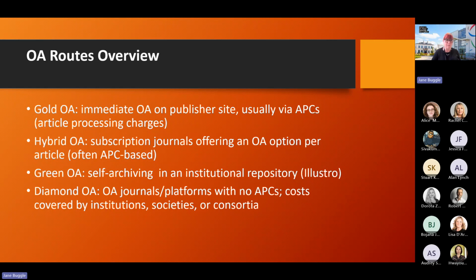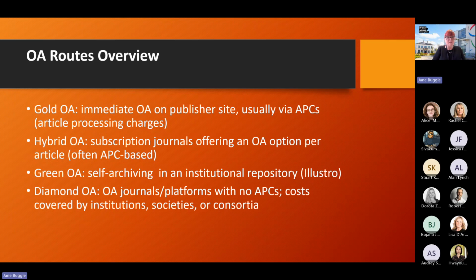So we're talking big money here, and money that IADT doesn't have to pay for article processing charges. Hybrid OA is subscription journals that offer an OA option per article, and that is APC based as well. And Green OA is archiving in the institutional repository, so that is, in our case, Illustro.